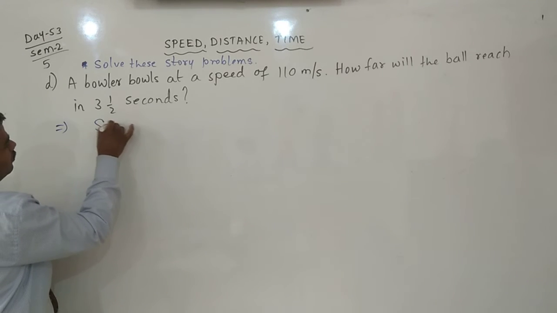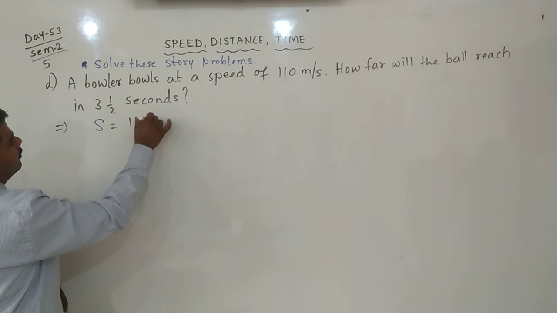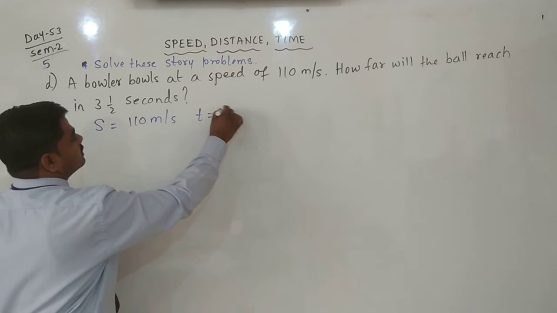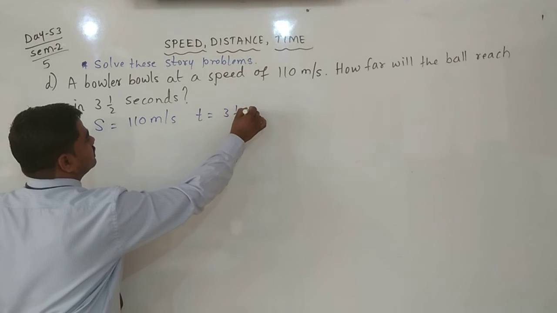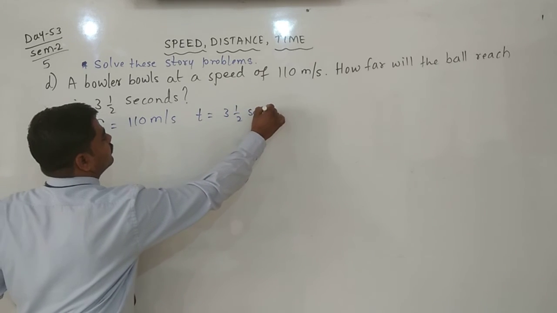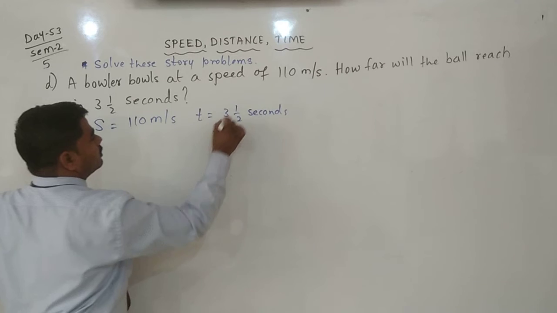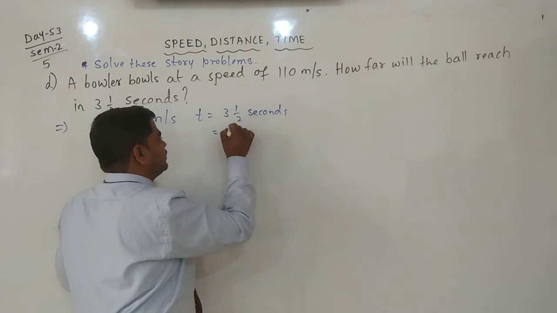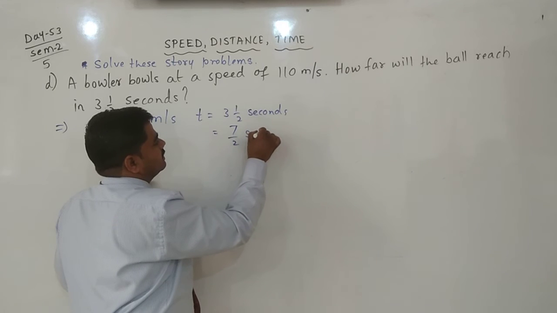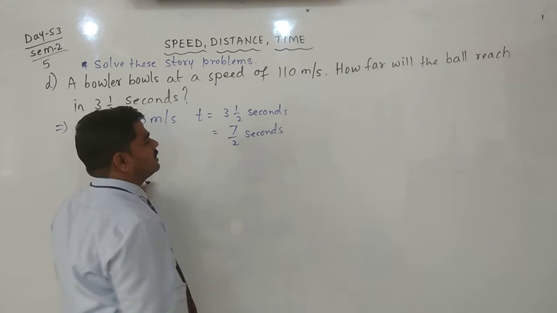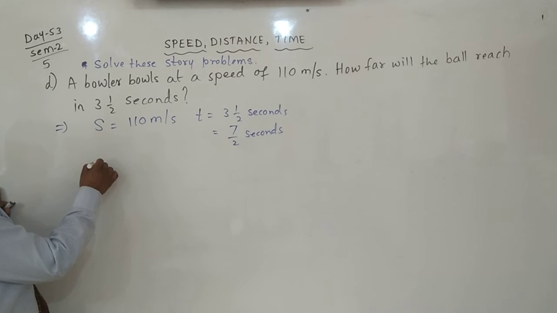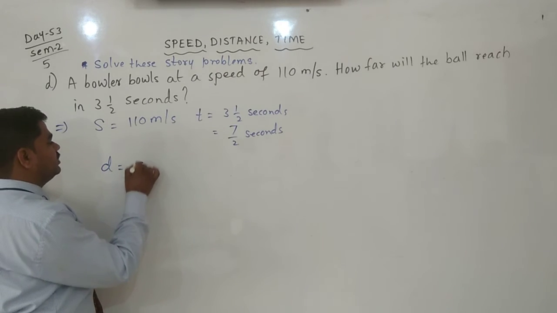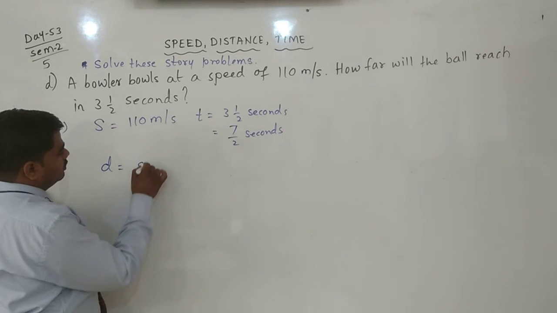Speed is equal to 110 meter per second and time is 3.5 seconds. Yes, this we can change from mixed number to improper: 3 2s are 6 plus 1, 7/2 seconds. Then we can find the distance d is equal to speed into time.